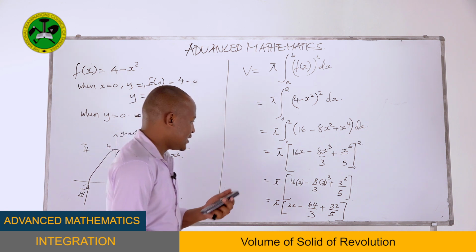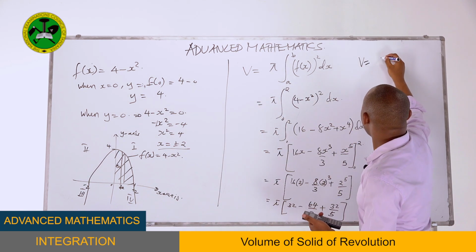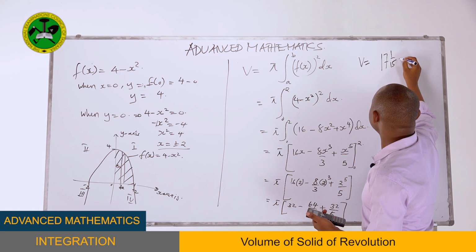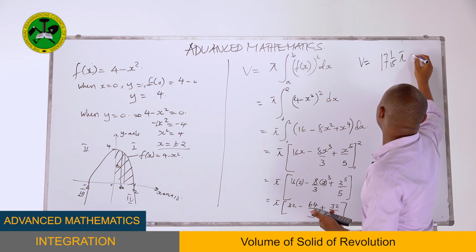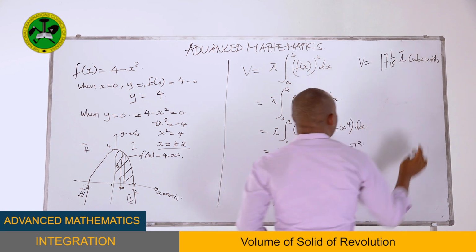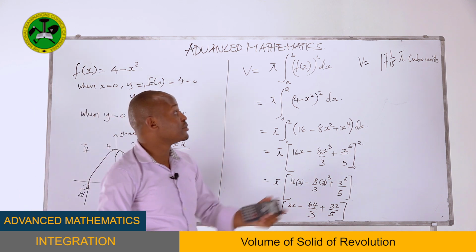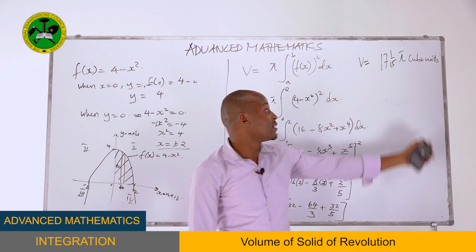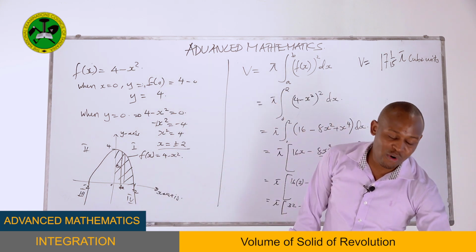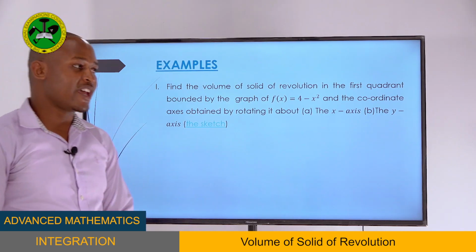The answer I have obtained is 17 1 over 15, that is, pi cubic units. Don't forget to write like that, cubic units, because this is the volume. So we expect the units to be cubed. Now that is how we find the volume of a revolution if it is rotated about x-axis.